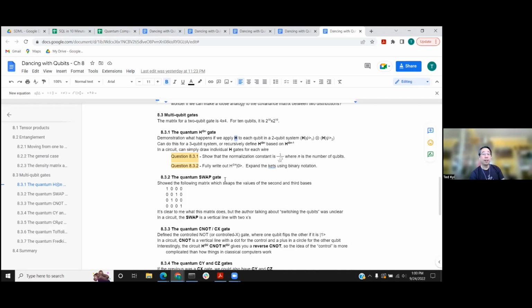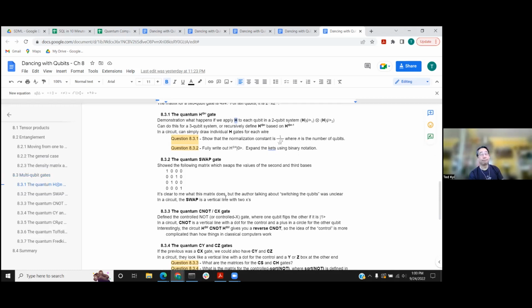All right, we've got this quantum swap gate, which I had to reread several times. It was kind of confusing to me. But the idea is, if you have two qubits, you're sort of swapping the two of them.